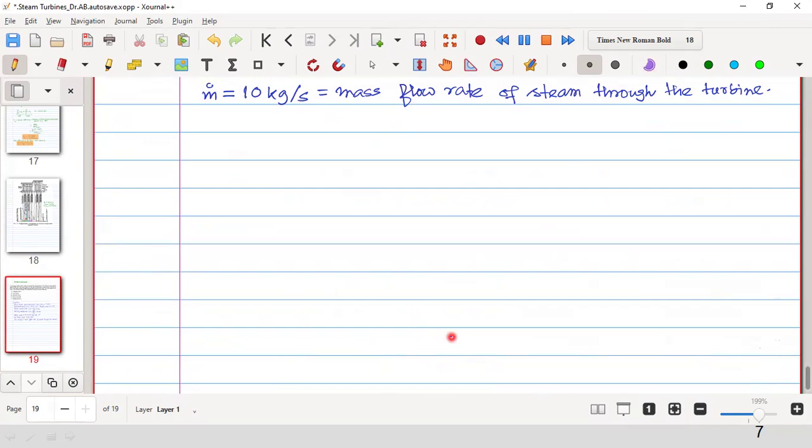So if we draw the velocity diagram, as we know, there will be basically a velocity to the blade.